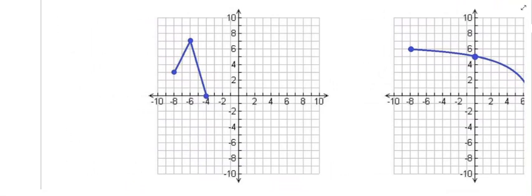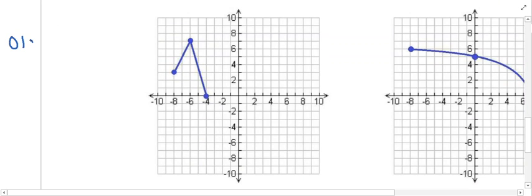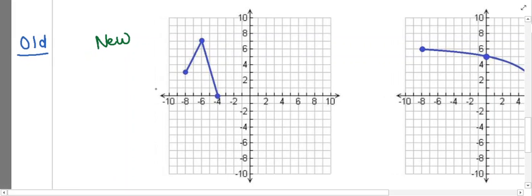I'm actually going to make a list here of old points versus new points. Keep in mind, this is not a requirement, but it is helpful to do. You may decide, hey, I do want to do it this way, where I'm making a list of points. Again, not required, but there is a reason I'm going to chart old points versus new points.